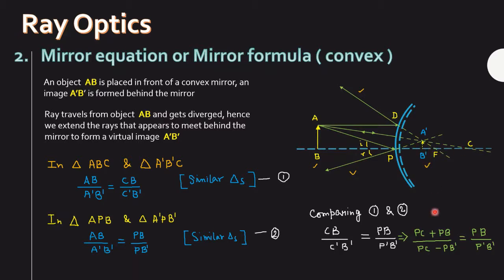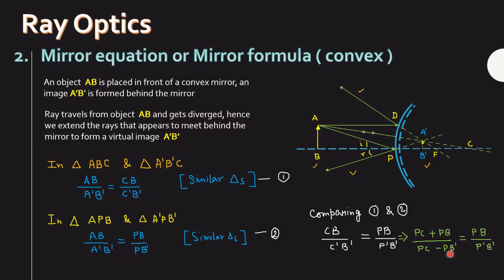The motive to break the terms CB and C prime B prime is to get the result in terms of known given values: PC will be the radius of curvature, PB will be the object distance, and P prime B prime will be the image distance.